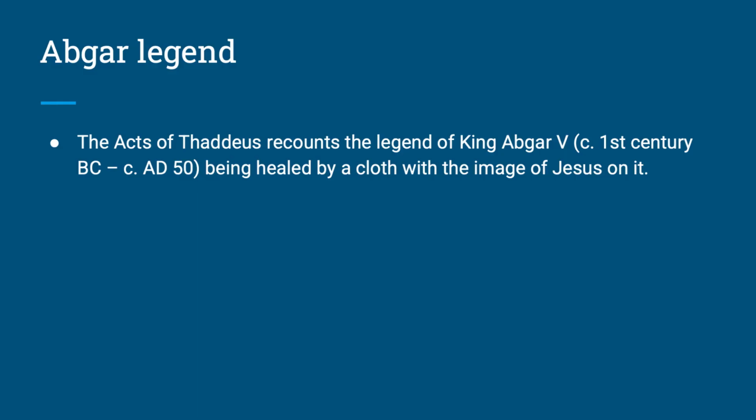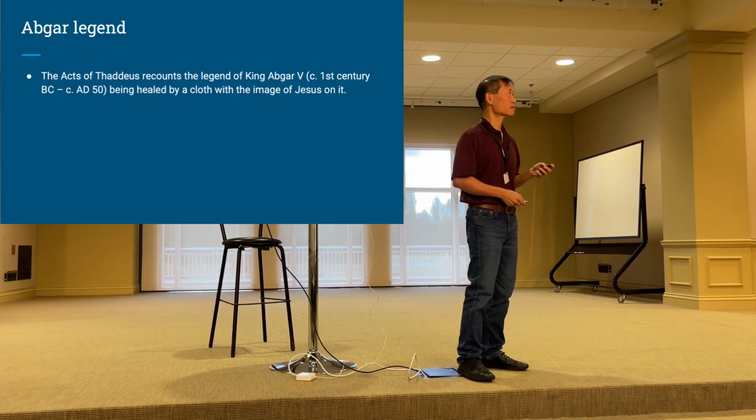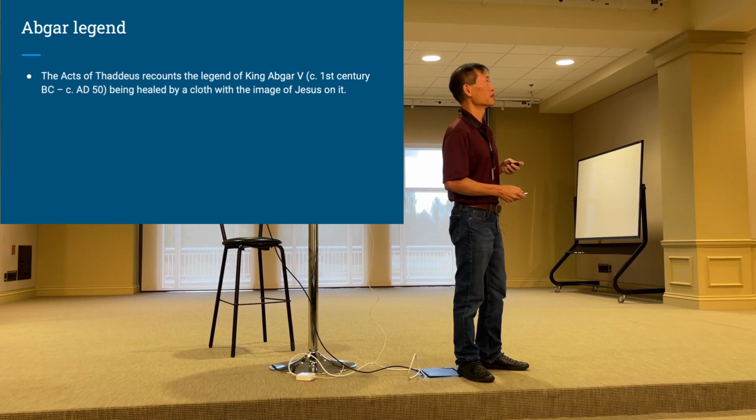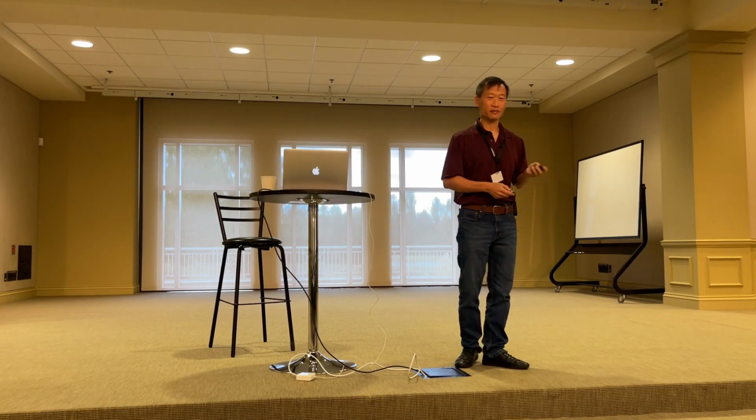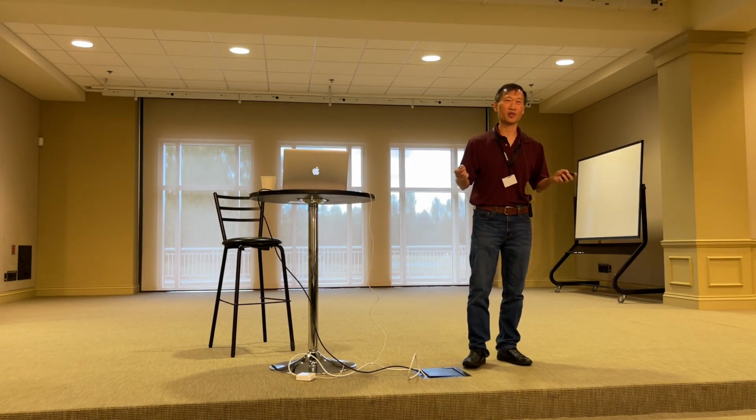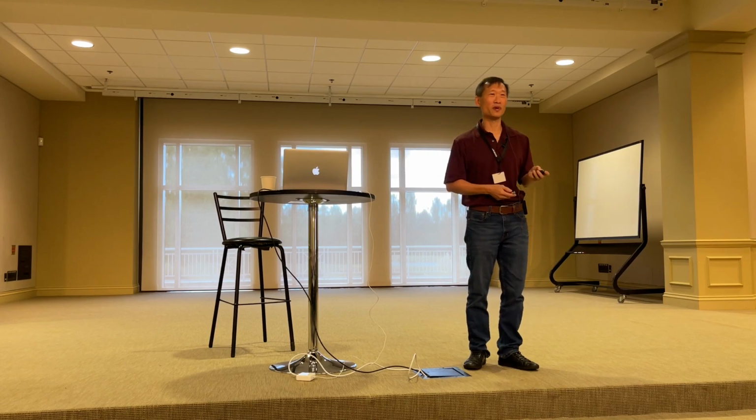And the legend is that he got healed by the shroud. This was the Abgar legend. Now, it's just a legend, so we don't know if it's true or false, but there's probably some truth to it.